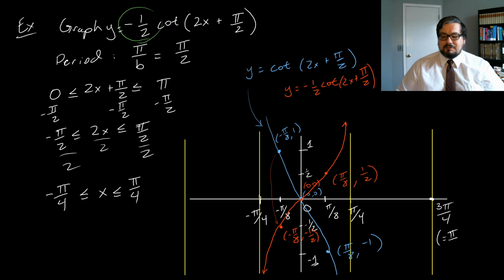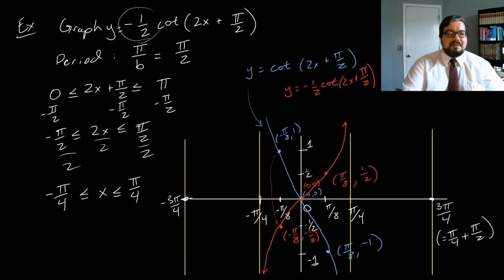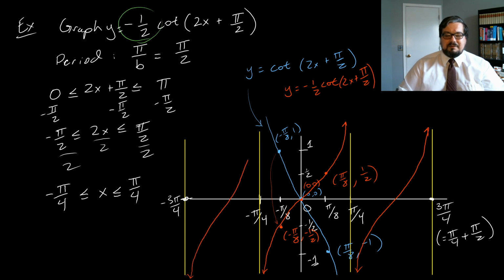So that's pi over 4 plus pi over 2, which is the period. And I can subtract pi over 2 from -pi over 4 to get -3 pi over 4. And then I can similarly shift all the points on the graph over by pi over 2 to get the rest of the graph of cotangent.